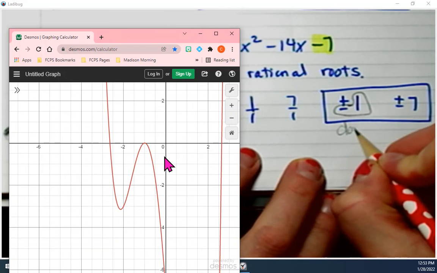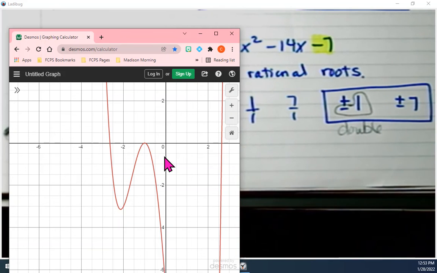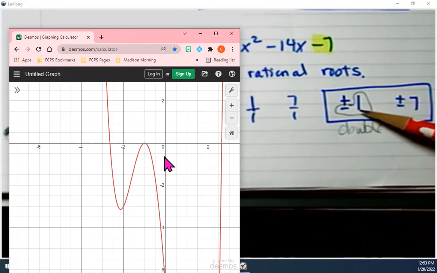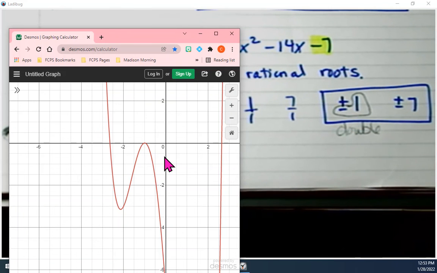Wait, double. Check out that bounce. Guys, it's all coming together. I know a bounce on the graph means 2 solutions. This list is giving me the potential solutions. So you are going to put this PQ list together with the Desmos graph, and you are going to circle the potential ones that you think are actually going to work.